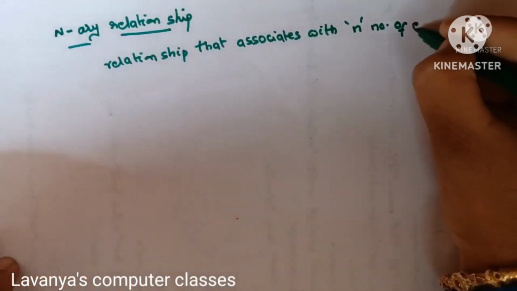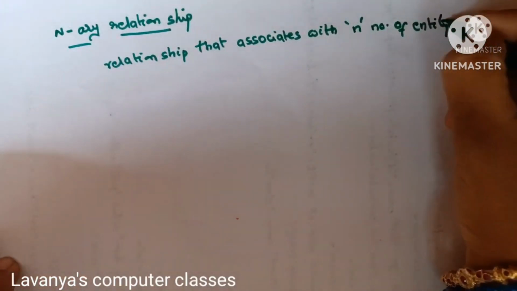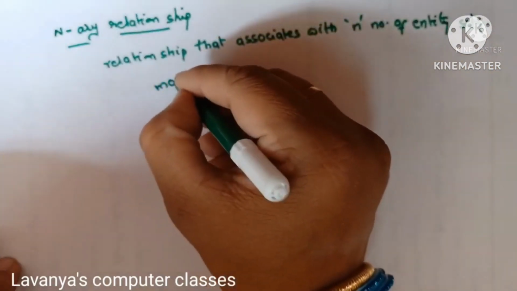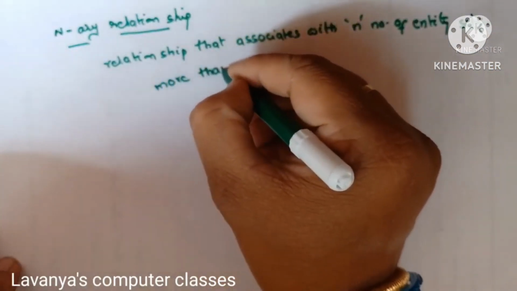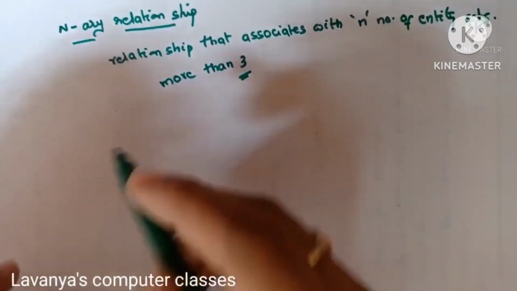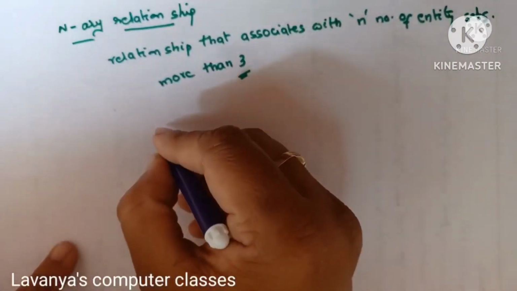N number of elements, n is any number. So more than 3, because up to 3 have proper names.